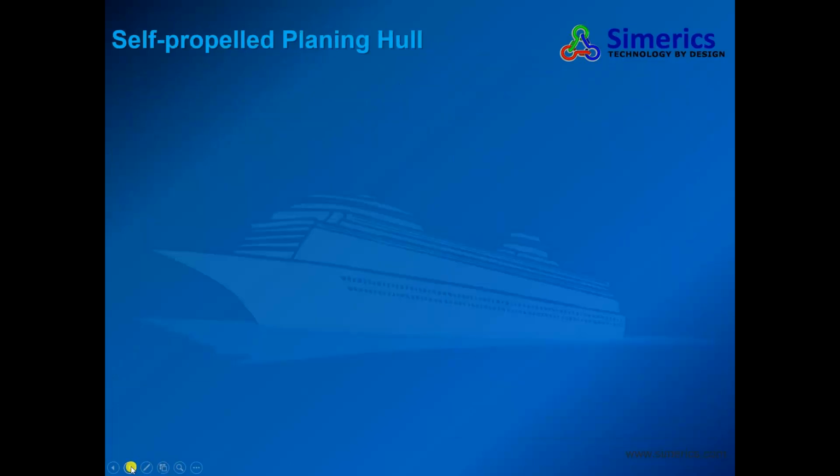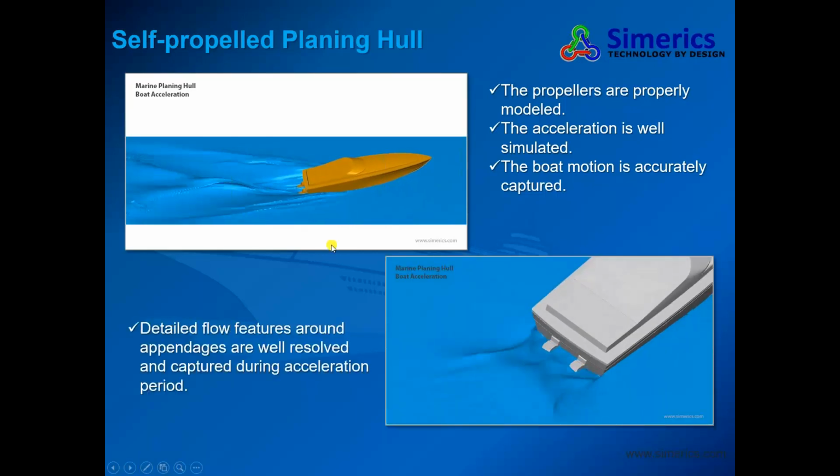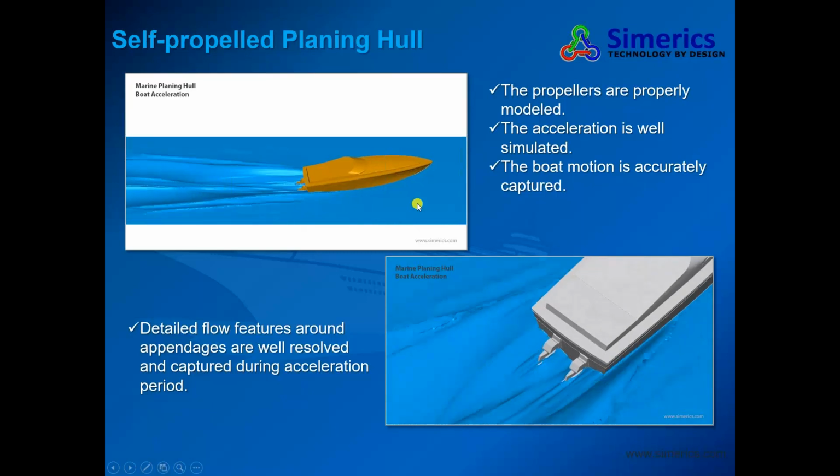For the next one, it will be a self-propelled planing hull. This is one of our client examples. What he wants is to provide us a propeller RPM and determine the flow condition and, most importantly, whether it can meet his final maximum velocity requirement. By doing the simulation, the propeller is properly modeled and the acceleration is well simulated.